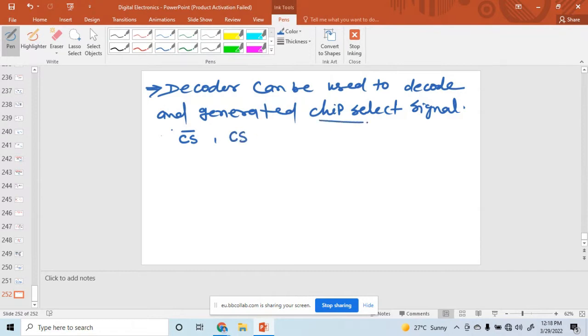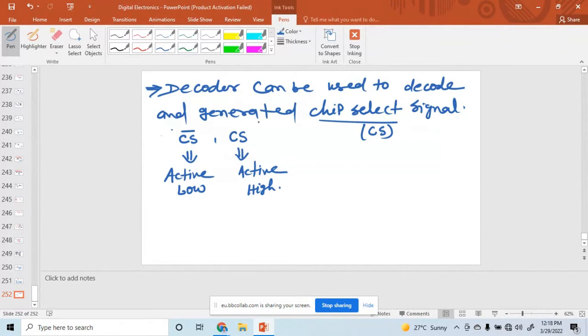What is the meaning of CS bar? The bar means active low, and when it is simply CS, this means active high. CS is the chip select.